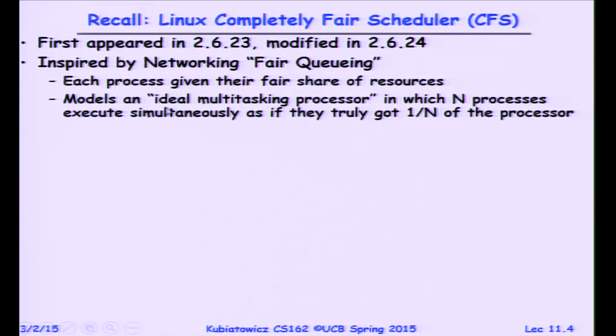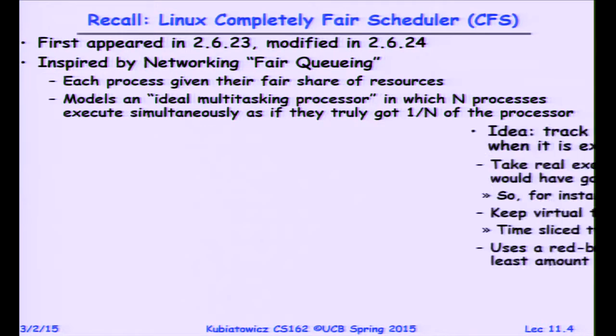If I've got n processes running, an ideal multiprocessor would run all n of them at the same time, so every process would get 1 over nth of the time, running fully in parallel with no multiplexing. Of course, this is not what you have if you have only one processor.